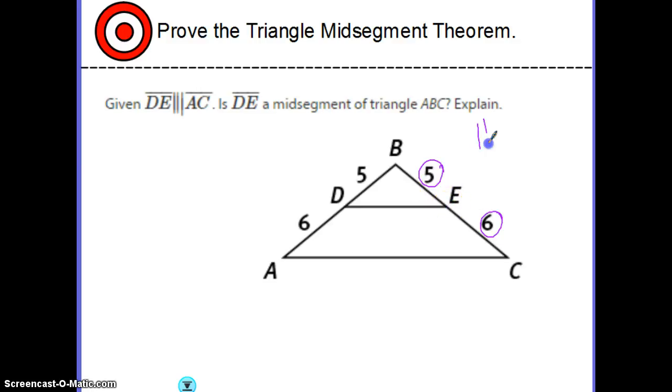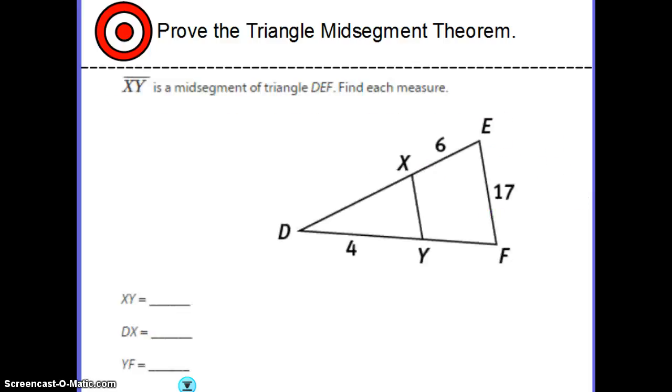It does not. So this is a big no, because E and D are not midpoints. So it won't satisfy that definition of a mid-segment. Even though it has the property, it doesn't satisfy the definition.